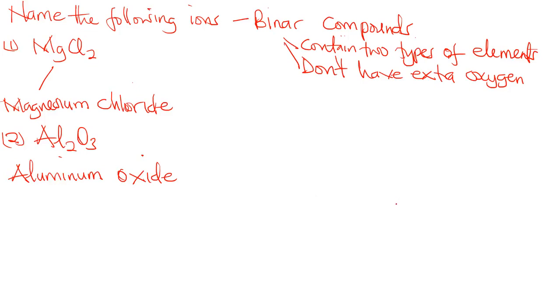Then if you look at aluminum and magnesium, you see that magnesium is in group 2A, aluminum is in group 3A. Let's look at another metal.